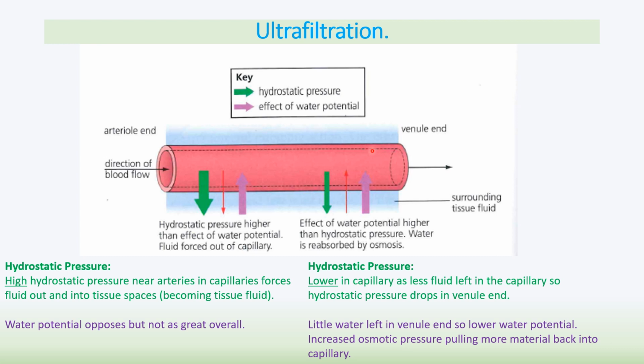And at this point in the capillary, the water potential will be very, very low. The reason the water potential will be low here is because we've lost a lot of the fluid into the spaces between the tissues, and therefore the blood has got loads of proteins in it, but very little liquid left in it at this point, so it draws back in via osmosis.